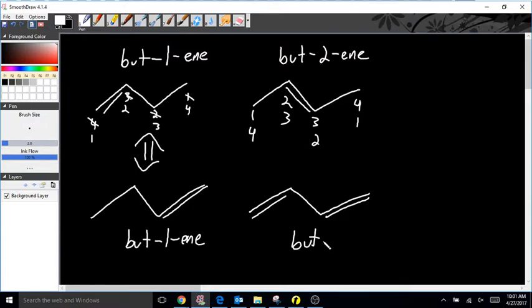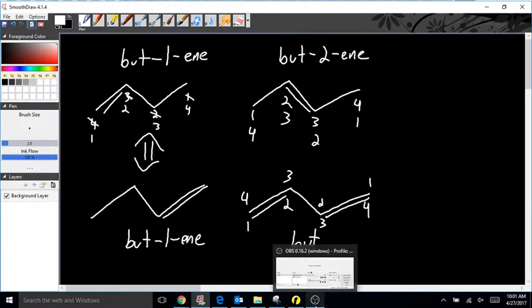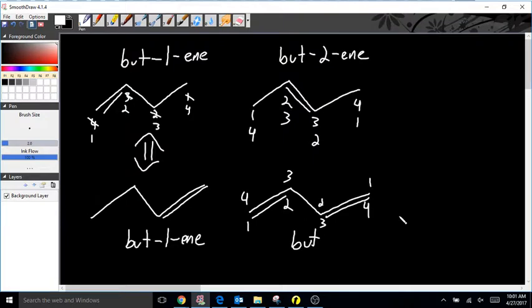In this case, numbering-wise, I can go 1, 2, 3, 4, or the reverse. So the carbons that my double bonds are starting on, I can go 1 and 3, or 1 and 3. Once again, this is another one where the direction isn't going to matter too much. So let's just say that we're going to start with carbon number 1, and we have the double bond starting at number 3.